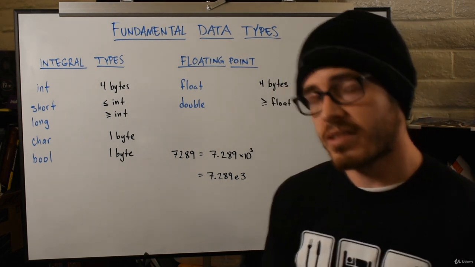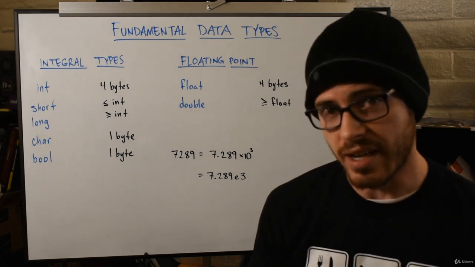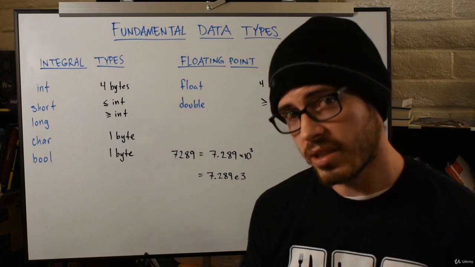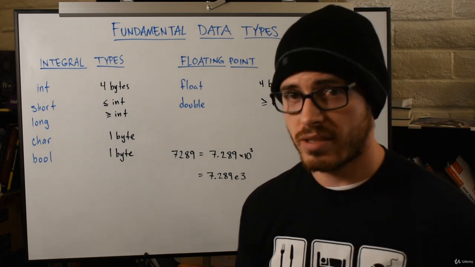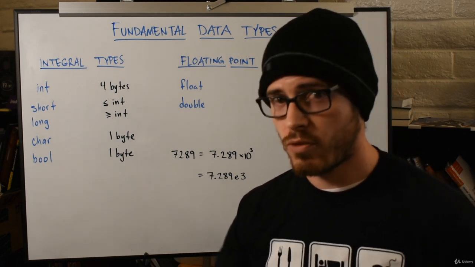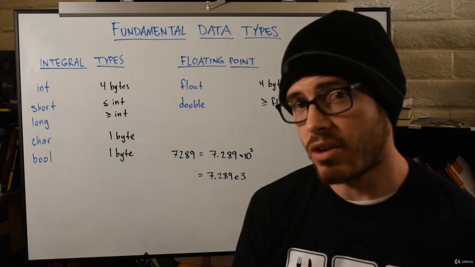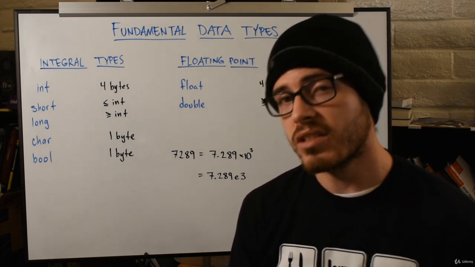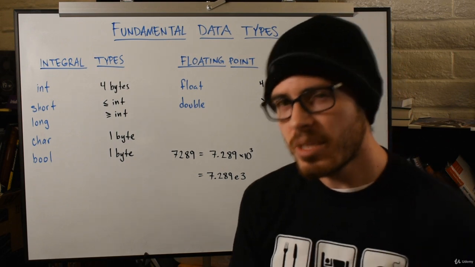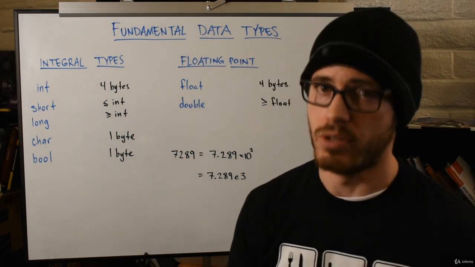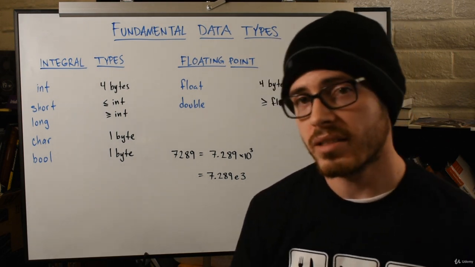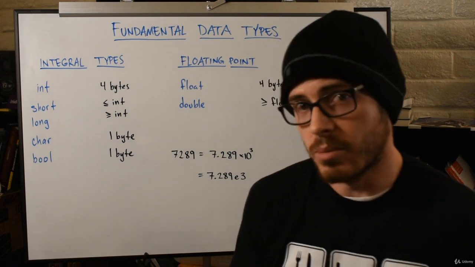Now the float is the smallest floating point data type. It's typically 4 bytes, and if your number consists of something larger than 4 bytes of storage, you may wish to use something larger. The double is larger than the float, and it's typically twice the size of the float, so it's around 8 bytes, and that's why it's called double.